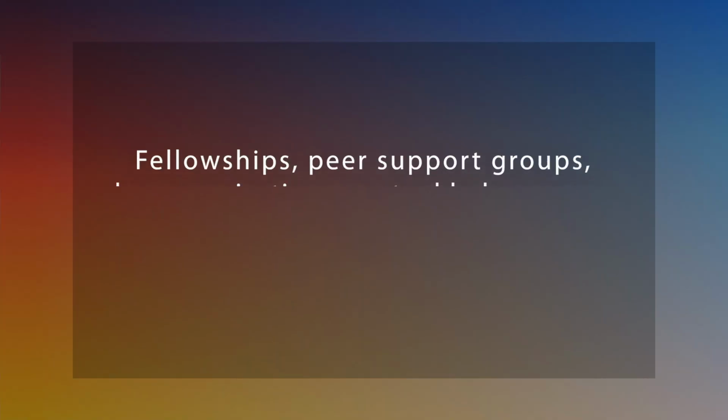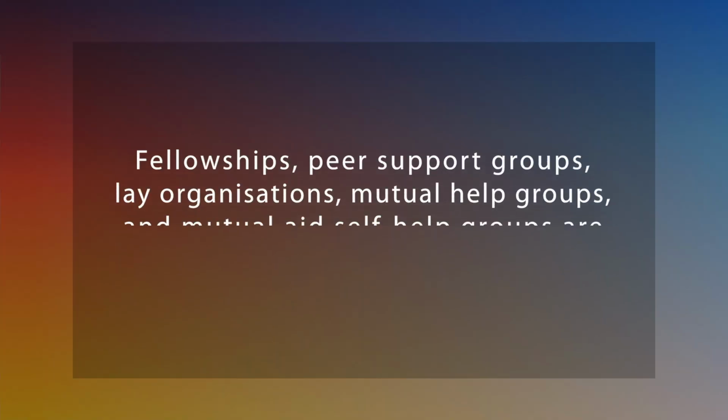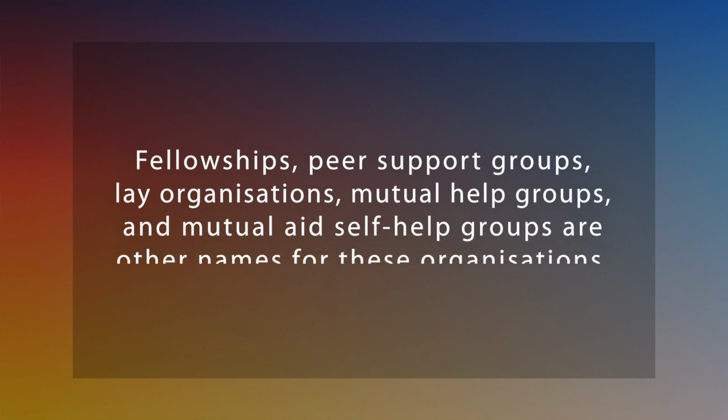Fellowships, peer support groups, lay organizations, mutual help groups, and mutual aid self-help groups are other names for these organizations. The most prevalent are self-help groups for mental health and 12-step organizations like Alcoholics Anonymous.